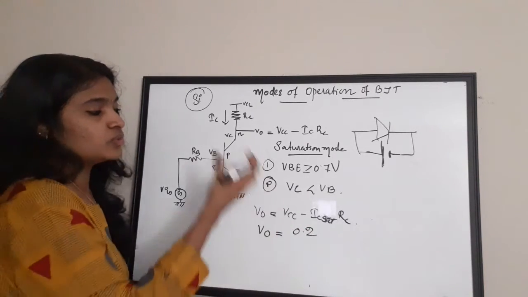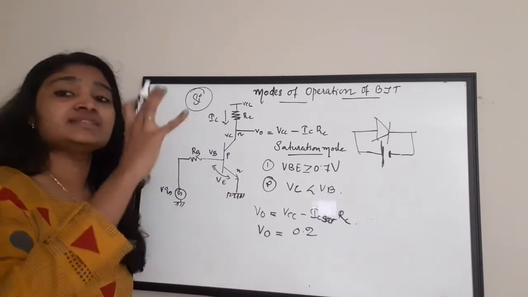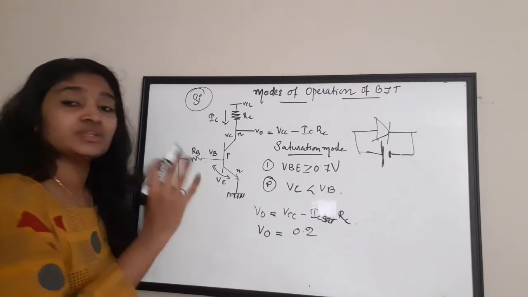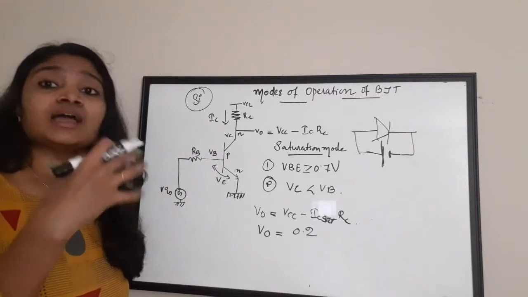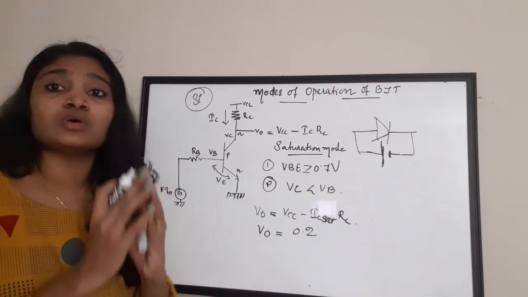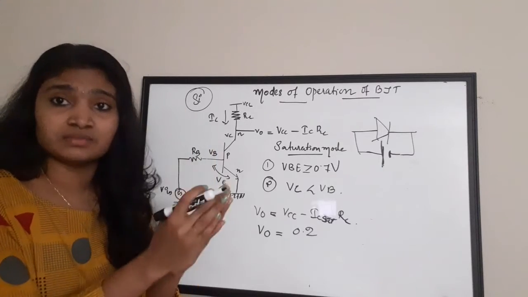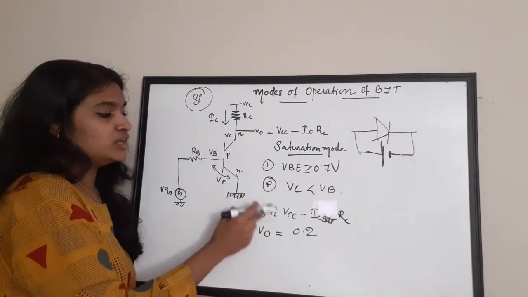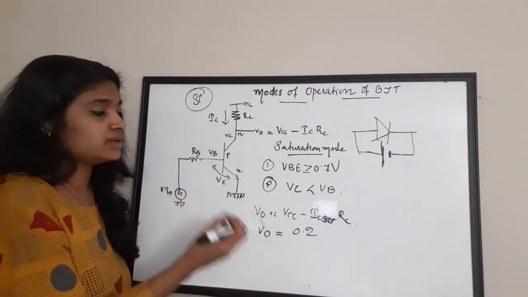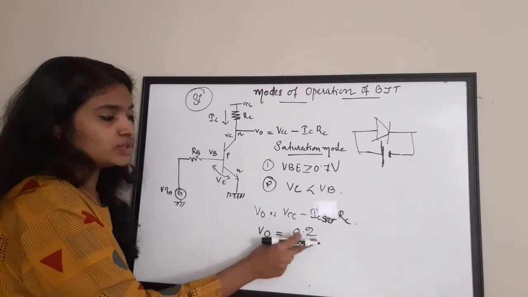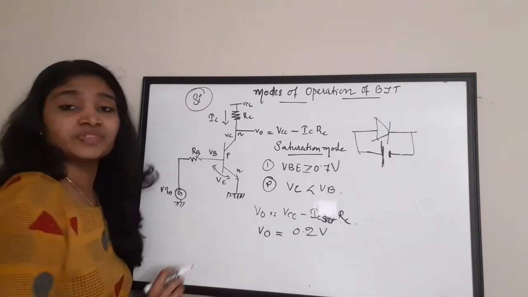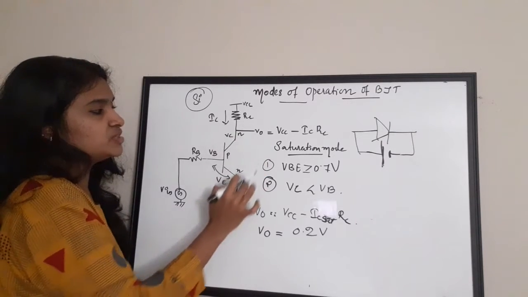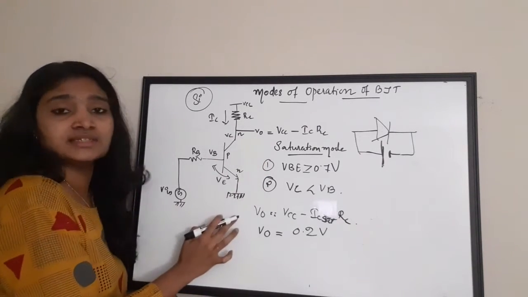The voltage will get dropped due to the increase in IC. IC will increase from the active mode to the saturation mode. We are increasing IB, and as a result IC will also increase and reach its maximum or saturation value called IC sat. So the value of V out will get reduced, right? V out will be equal to 0.2 volt. We can consider this V out as the potential difference between these two regions, because the emitter region is grounded.